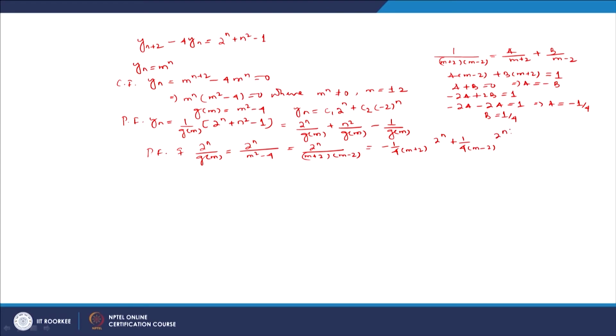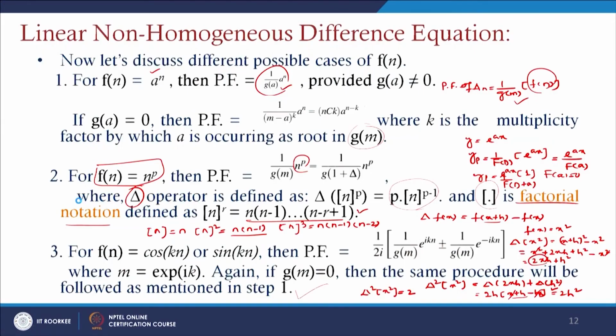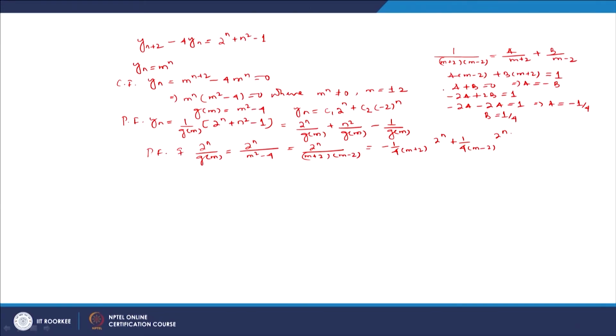And already we have seen that in case of 1 by (m minus a), sorry, this is g of a is not equal to 0, we can just write that one as 1 by g(a) to the power n. So, if you will just see from this slide here, 2 to the power n by (m plus 2) here. So, directly if you will just replace here m by 2, then directly we can just write this one as minus 1 by 4 into 2 to the power n by 4 here.